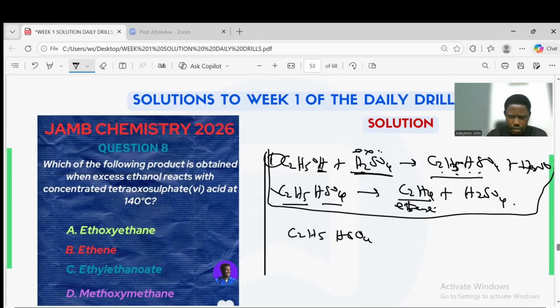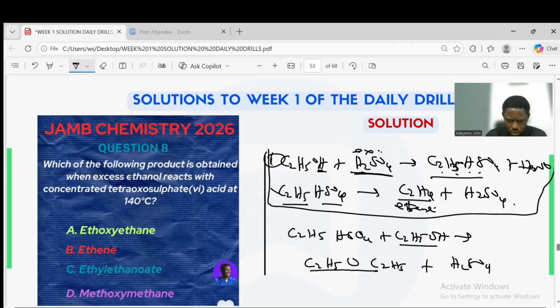C2H5HSO4 plus C2H5OH. We now form C2H5O, can you see C2H5O, another C2H5, plus H2SO4. So this is what we call ethoxyethane. It is ether. That's another class of organic compound.